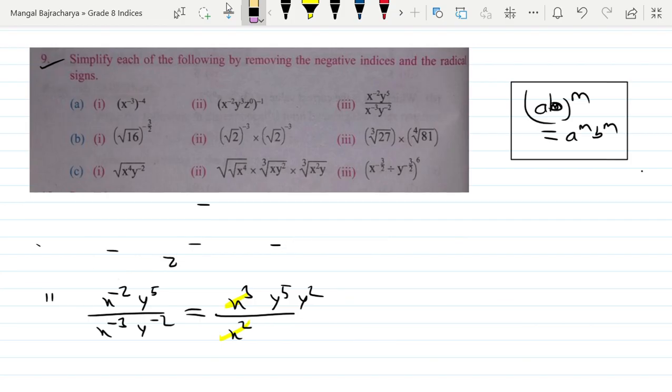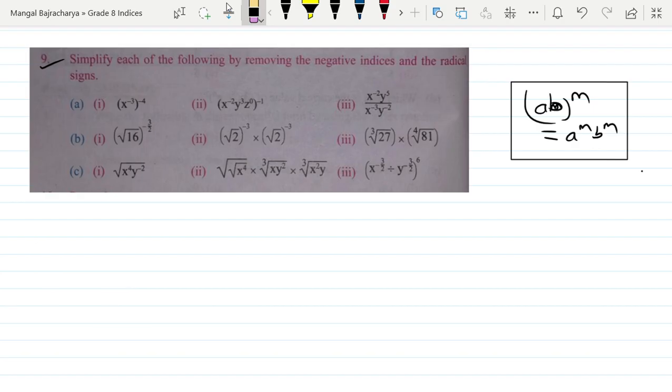So number B we are doing. So let's see what do we have in number B. Okay, so let's go with the first number first.